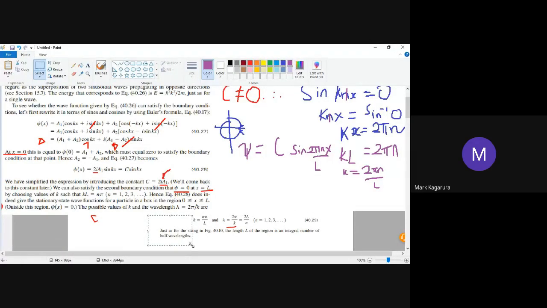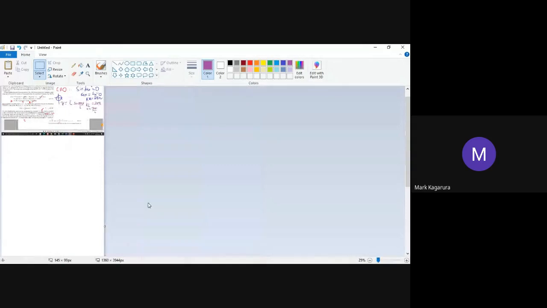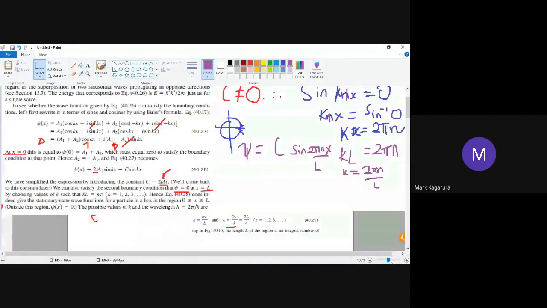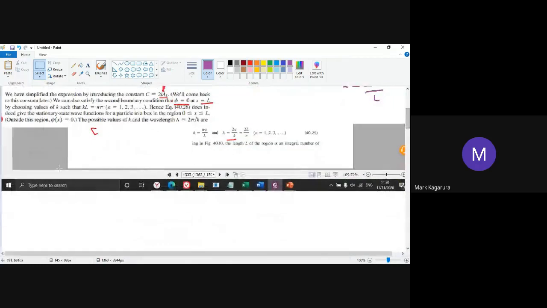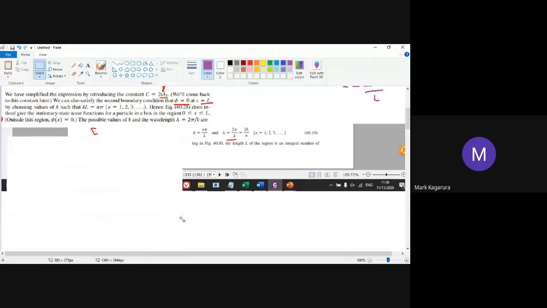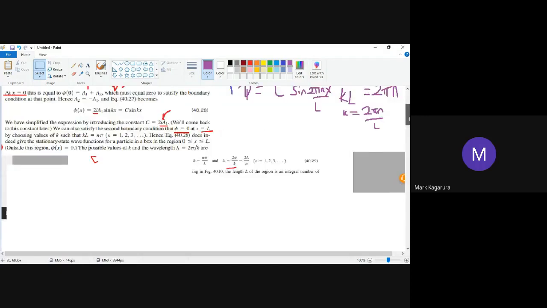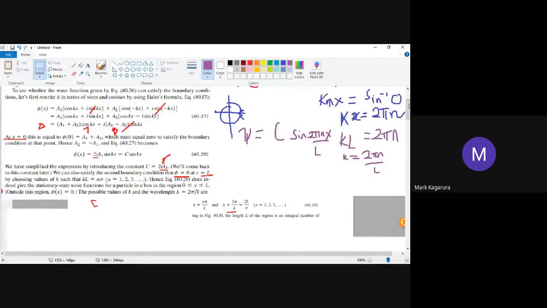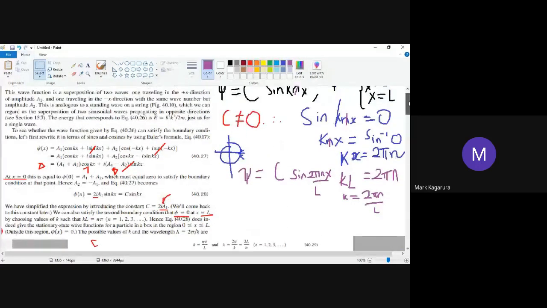Let me zoom out briefly, it's already a big canvas. Let's remove this bit. So that is our general equation for psi.